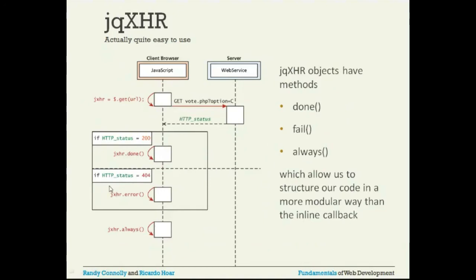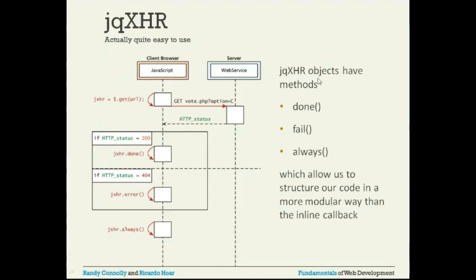And if the HTTP status is 404, it means it is an error. Whatever you want to do when it is an error, you can use the fail method. And if, whether it is success or failure, you want to process something else, you can use jqxhr.always.